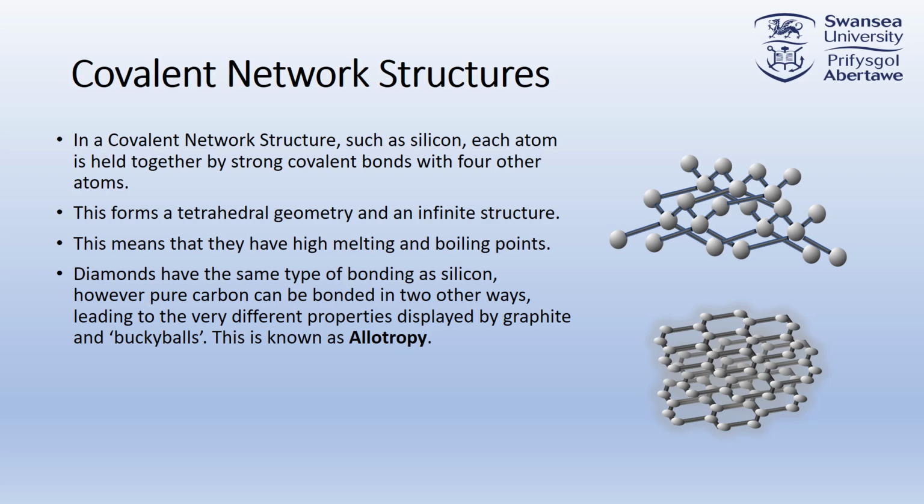In diamond, the carbon atoms are held together by sp3 hybrid orbitals, whereas in graphite, those strong covalent bonds occur due to sp2 hybrid orbital interaction. This leaves a pi system, and it's that pi system which is important.